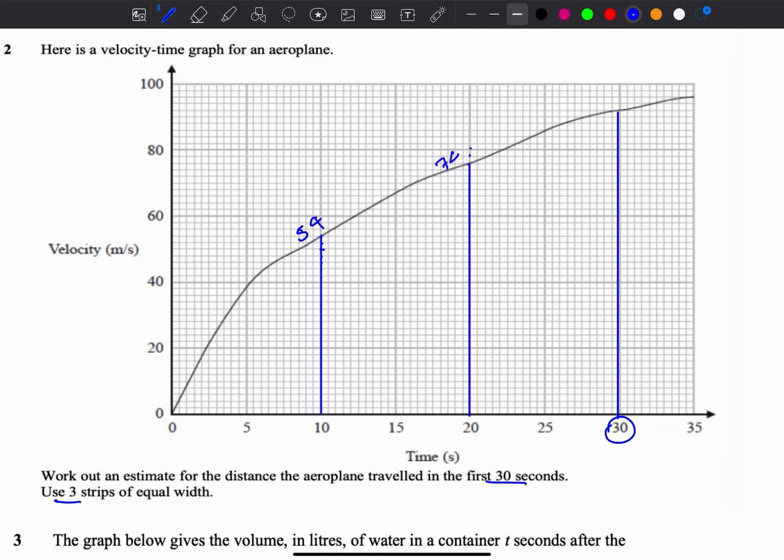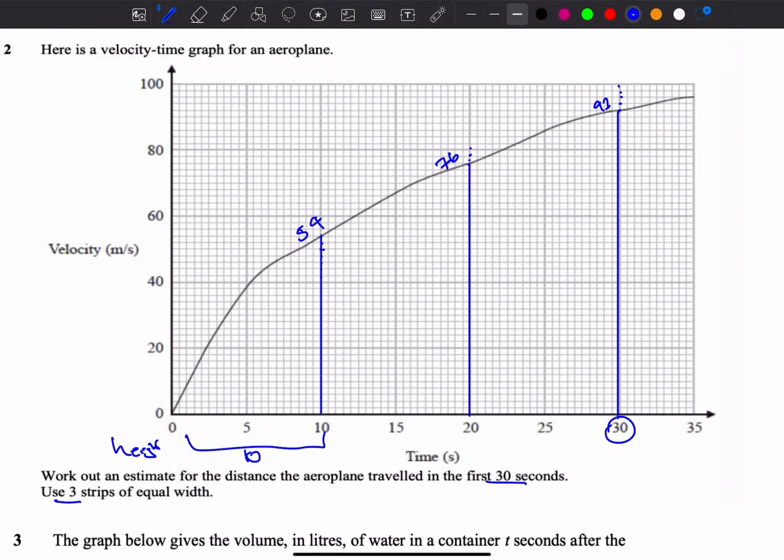Working backward is quicker, isn't it? 80, 78, 76. This one, 100, 98, 96, 94, 90, 88, 86, 84, 82, 80. That's fine. And what's the height? This is your height. Here is 10.